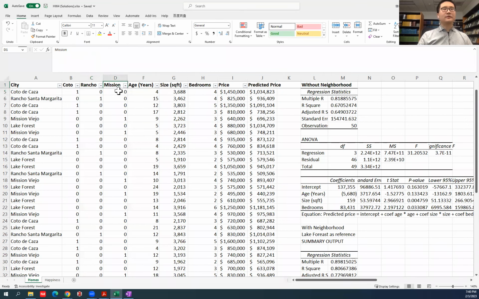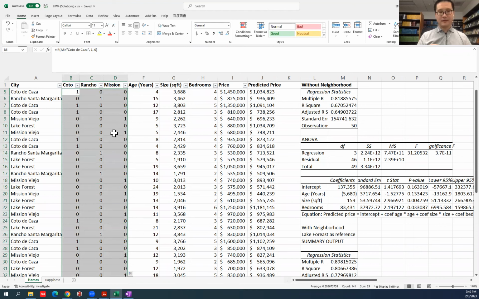By the same principle, we build another variable that's Mission Viejo. If the city's name is Mission Viejo, then we take a value of 1, otherwise 0. So using the same principle, we calculate 3 dummy variables. Any questions here? Did you build dummy variables in a similar way to what I did?